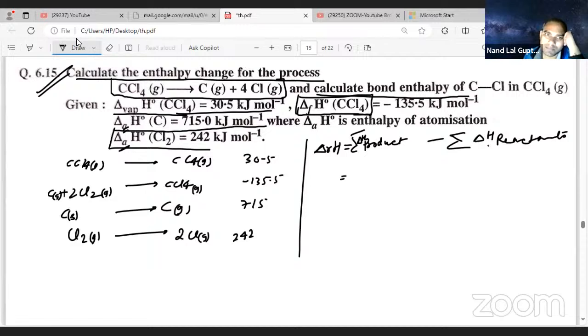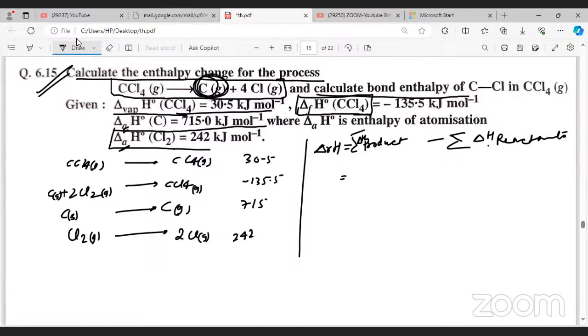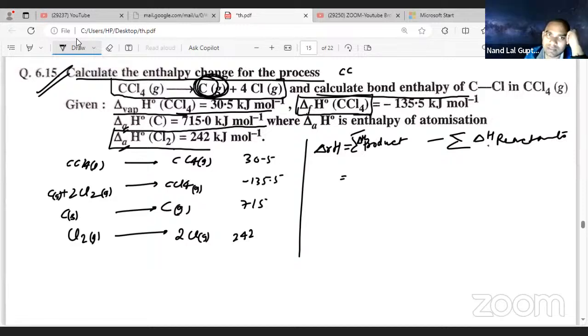Now, what is the product in the required reaction? Carbon gas. The required reaction is CCl4 gas converting into C gas plus 4Cl gas.